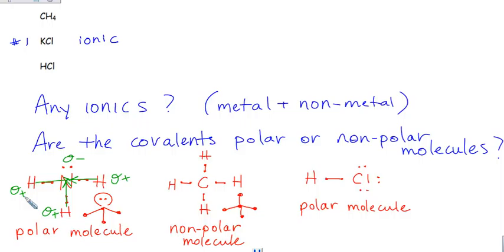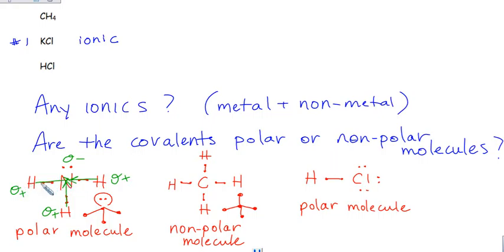Now, because it is nitrogen bonded to hydrogen, this is a pretty extreme dipole. Hydrogen bonding occurs between molecules that obviously contain hydrogen, but the hydrogen has to be bonded to FON, the 3 most electronegative elements on the entire periodic table.